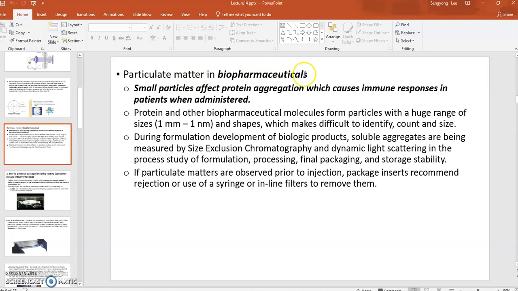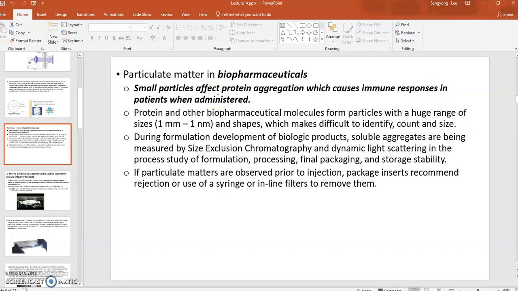And how about biopharmaceuticals, injectable drugs? What happens if you have particles in biopharmaceutical drugs? Normally, small particles can affect mostly the protein products, so they can get aggregated. If they are aggregated into big, large clumps, they can cause immune responses if injected into human patients.